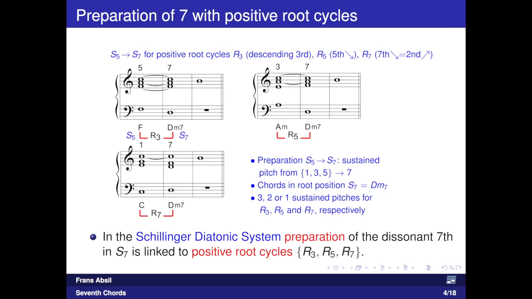This leads to the conclusion that correct preparation of the seventh with a triad corresponds to diatonic positive root cycles in the Schillinger system of musical composition. Let's listen to an audio rendering of these chord progressions.